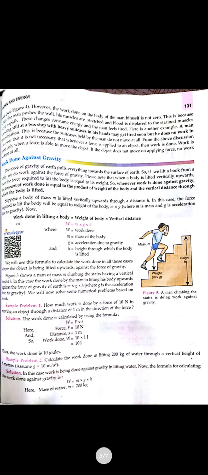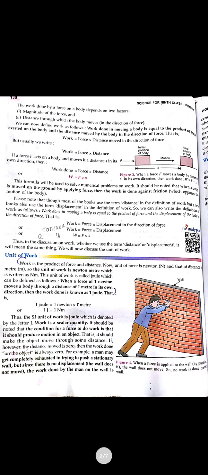Okay. And work done against gravity, what was that? In this example, when we apply a force on the body and that body gets displaced or starts moving, then the work is said to be done. And the work is not done if the body doesn't move, like if someone is pushing a wall. Whatever the value of the force you apply, the wall doesn't move.